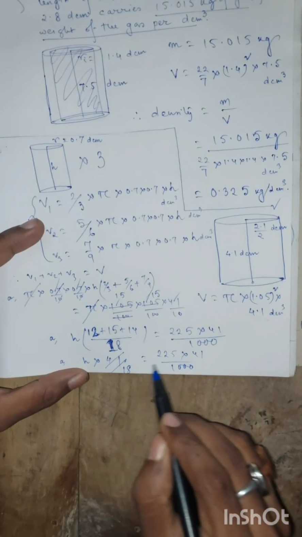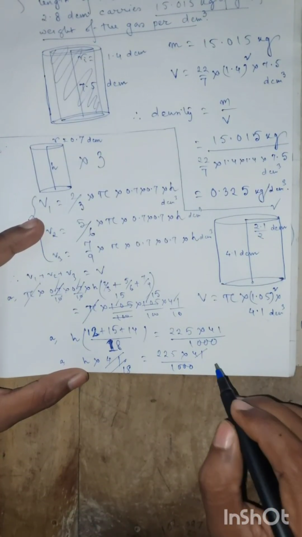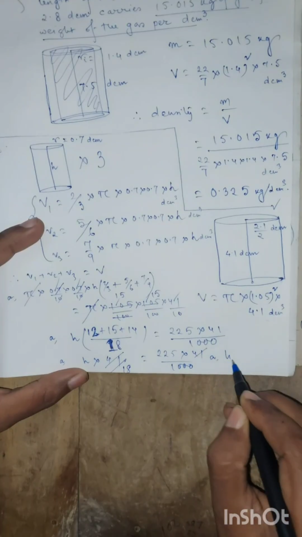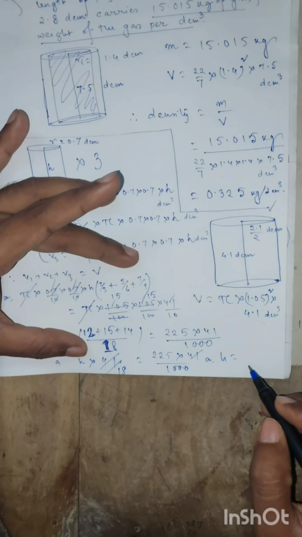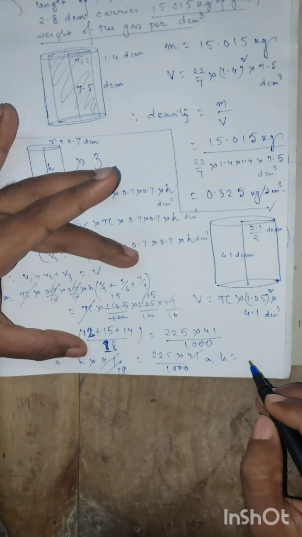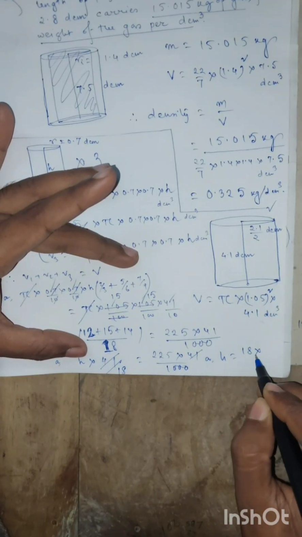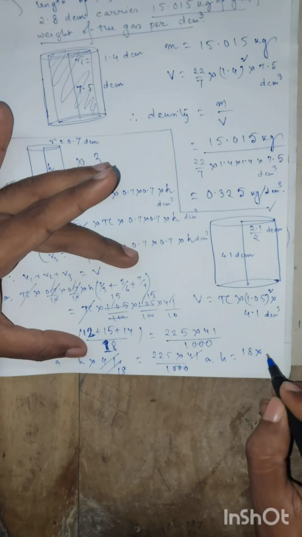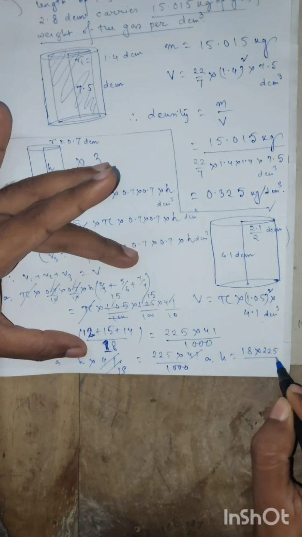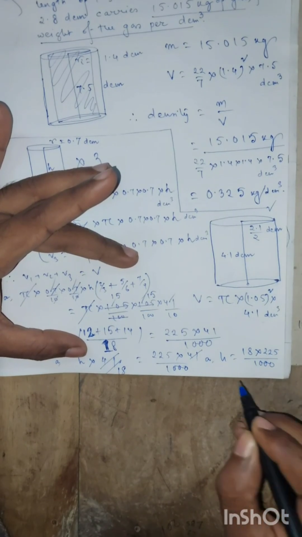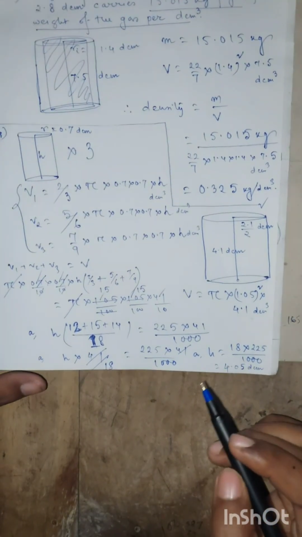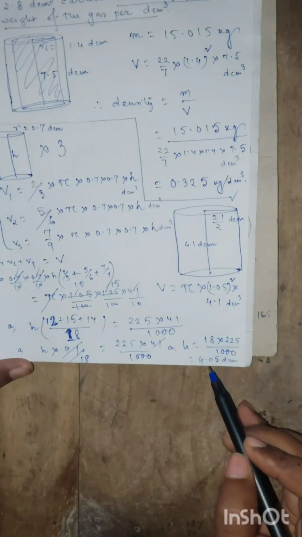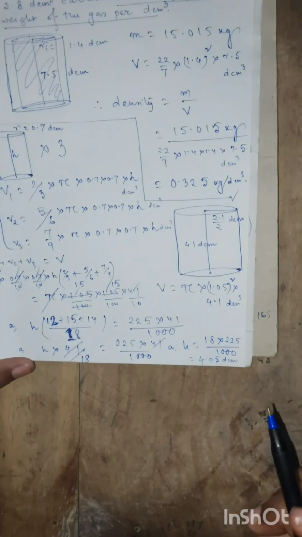So we can cancel 41 from both sides. So H is equal to 18 into 225 by 1000. So we are getting 4.05 decimeter.